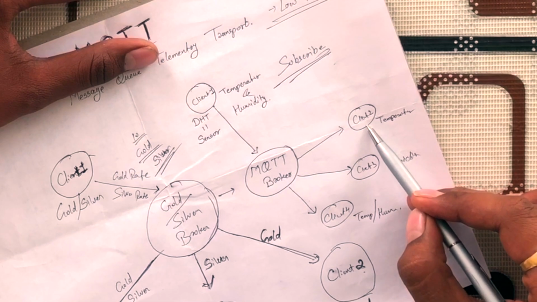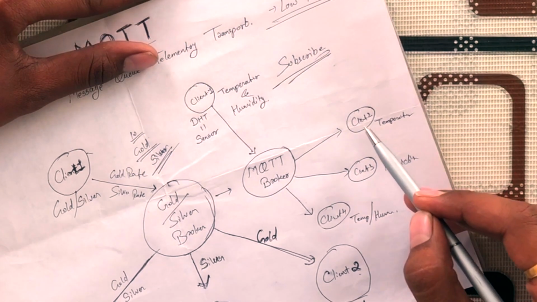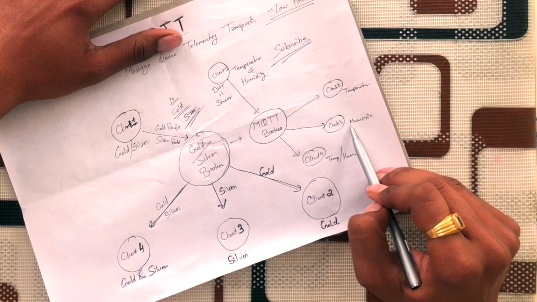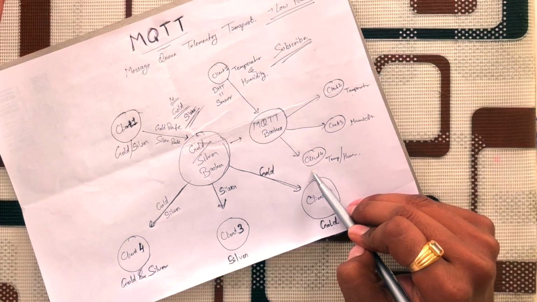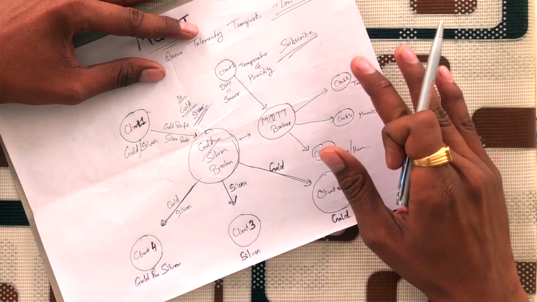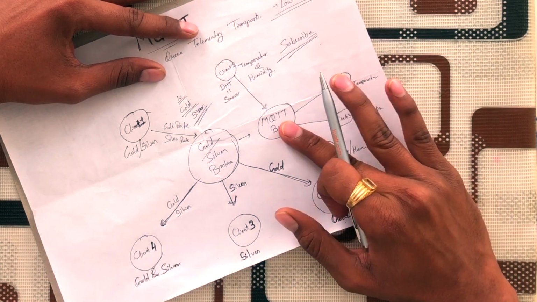These clients are, for example, microcontroller boards. Take an example: this is an ESP8266 board which is much interested in temperature data, because he must be controlling the speed of a fan or the speed of an AC, anything like that. So he needs the temperature data. This particular controller needs the humidity data, and this particular one needs both temperature and humidity data. Are you able to relate this with my customers? These are the clients of this MQTT broker.